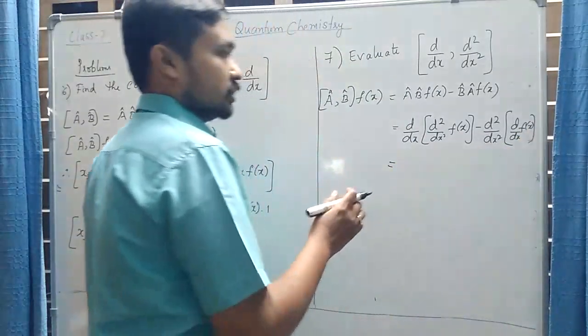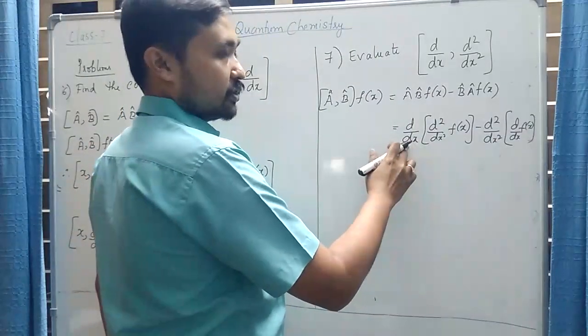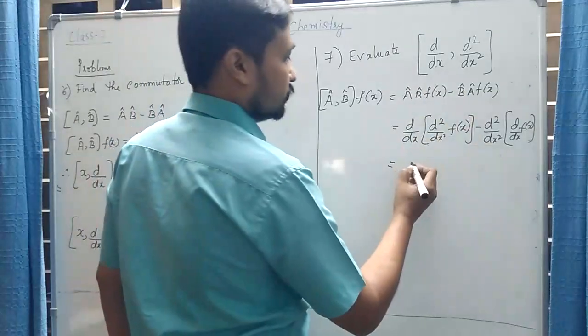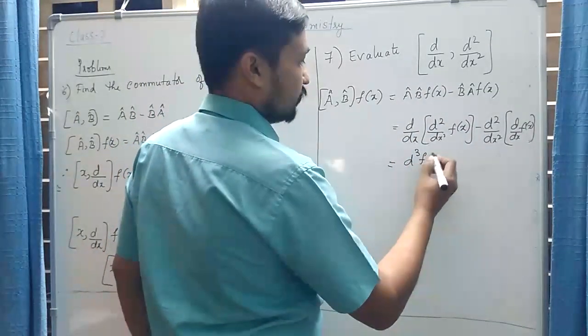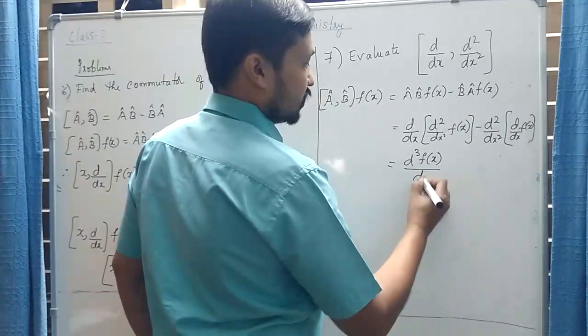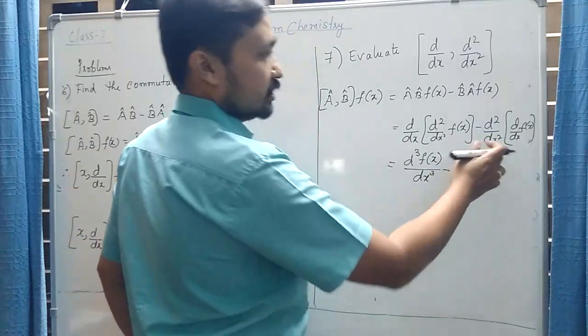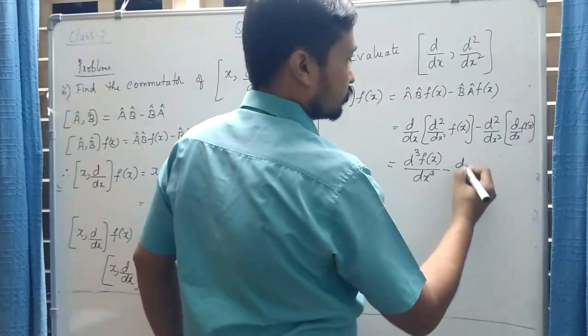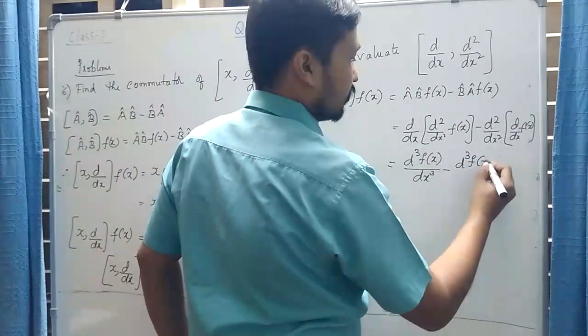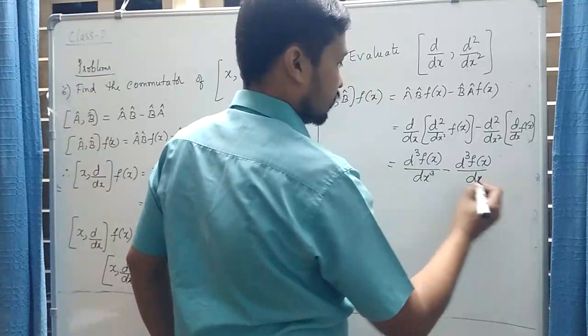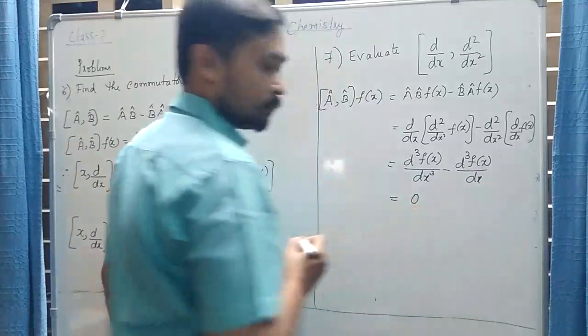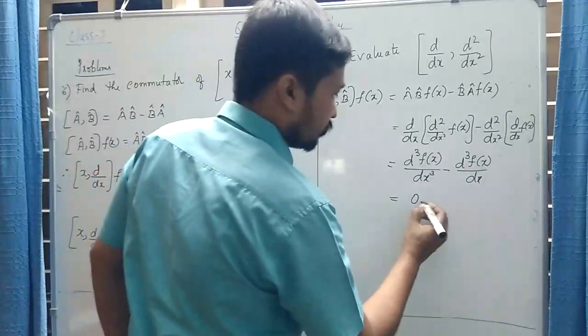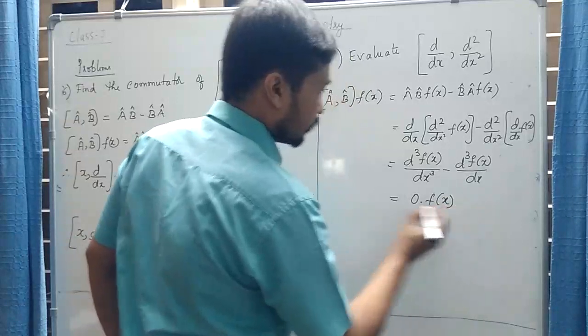The first derivative on the second derivative gives the third derivative of f of x with respect to x, minus the second derivative of the first derivative of the function, which is again the third derivative. So the result is equal to 0, but we write it as 0 into f of x.